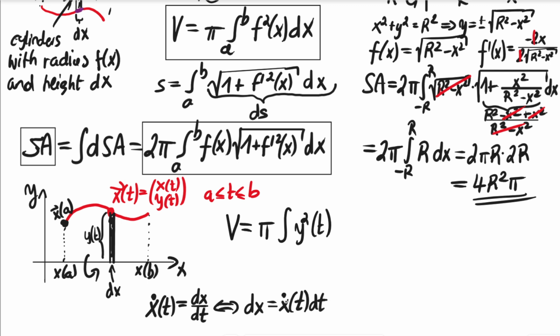So please be careful, without the vector symbol this is a scalar here. And now you can use this instead of dx. So you have x dot t dt. This is the formula for the volume of revolution of a curve about the x-axis.